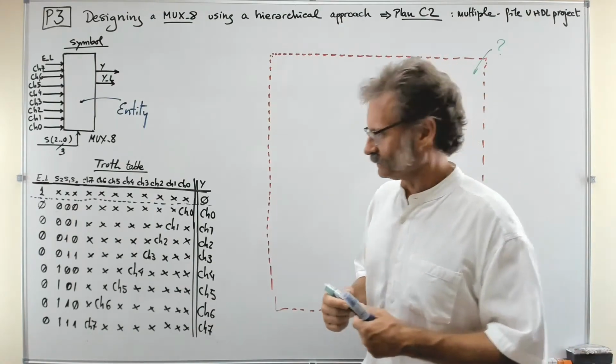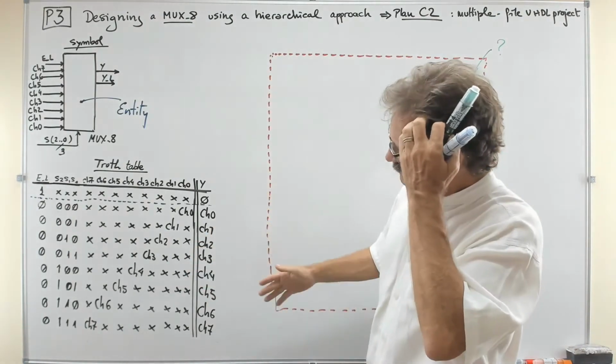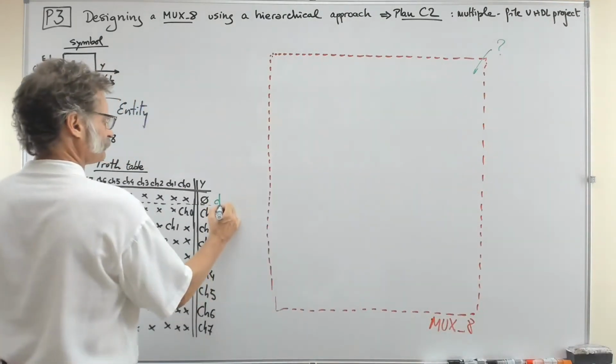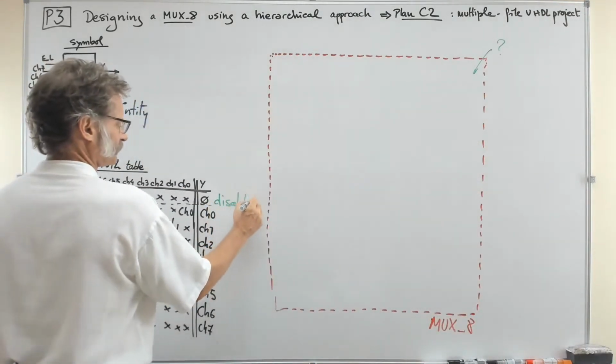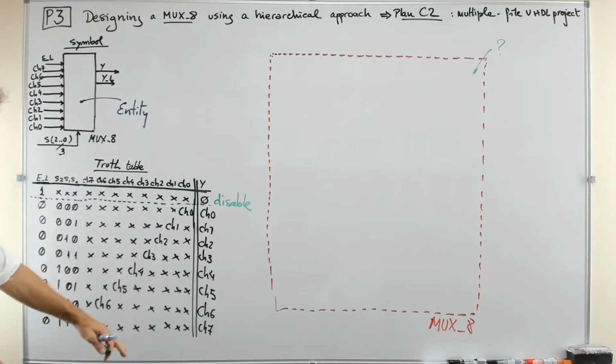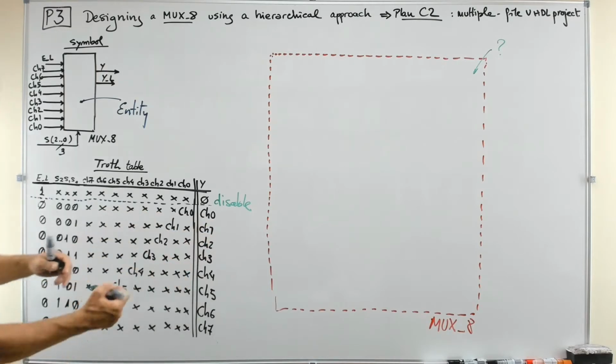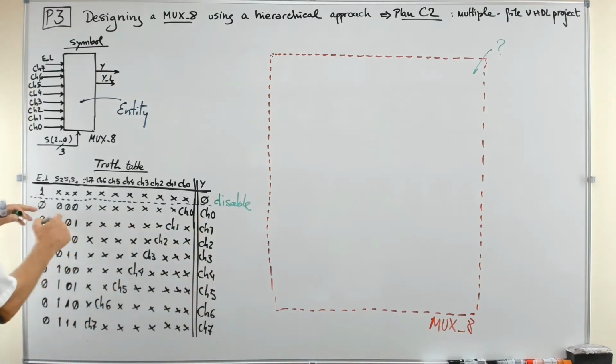For example, if you keep an eye on this table, you know that up there is the disable section, that's right, but down there is the multiplexer section, and here is where you are changing the channel depending on the binary code.